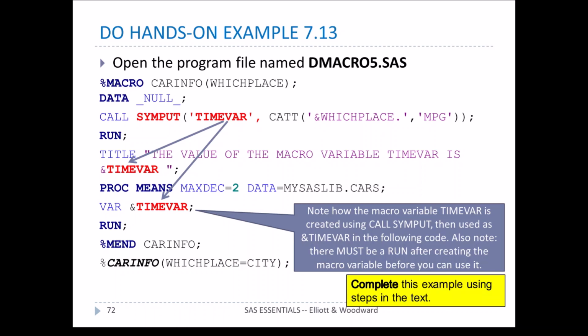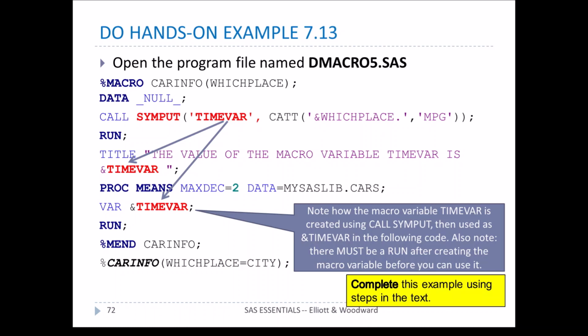All right, so I call symput, and I'm going to create a variable called timeVar, and I'm using this concatenate function we saw earlier, where I concatenate the macro variable called which place. So notice I send in which place, and then I use ampersand which place in this call here, and then a dot and MPG, which is going to resolve to which place MPG.